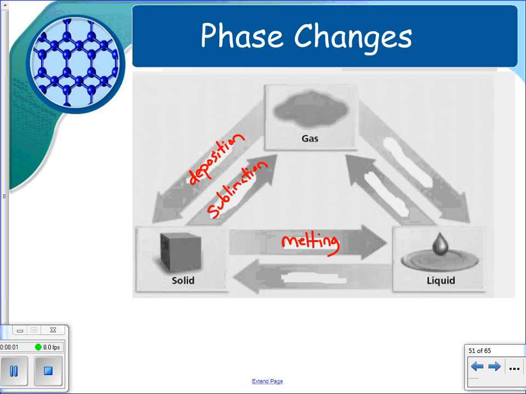When we go from a liquid to a solid, we call that freezing. When we go from a gas to a liquid, we call that condensation. And we go from a liquid to a gas, we call that boiling, vaporization, and then evaporation if it occurs at the surface.